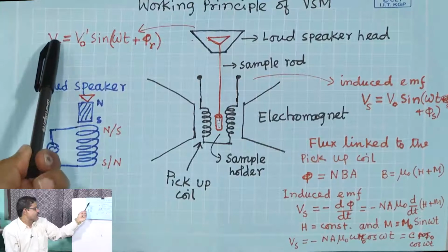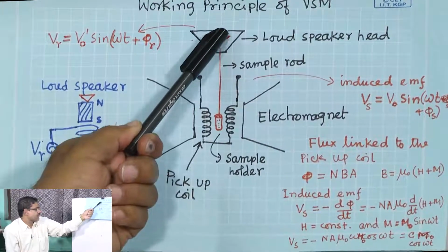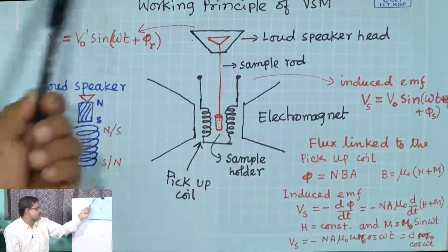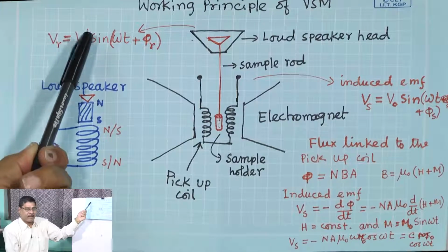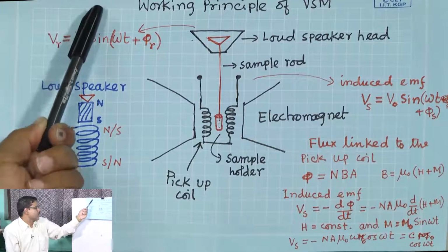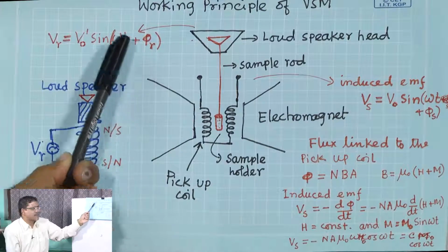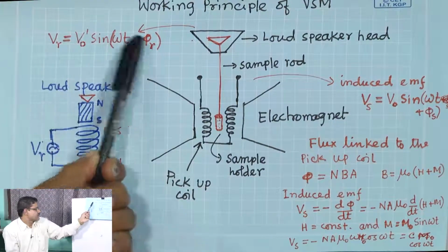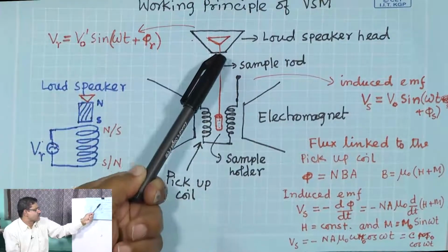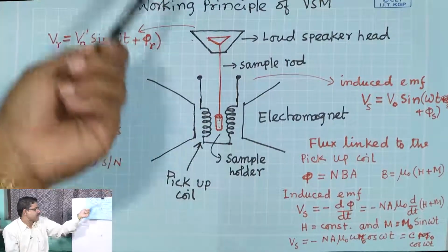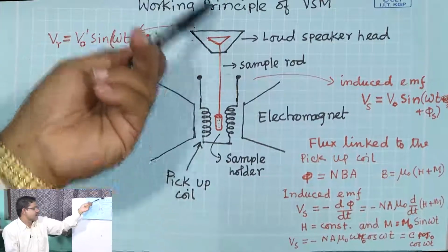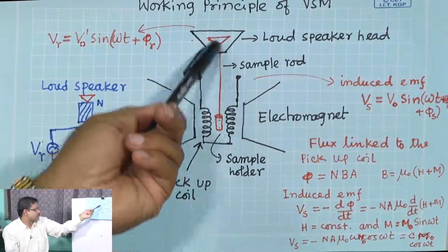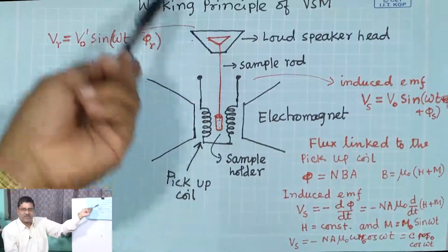If I give the loudspeaker a signal V0 dash sin(omega t plus phi r), with some initial phase phi r, for vibrating the loudspeaker head, the sample attached to this head will vibrate with the same frequency.